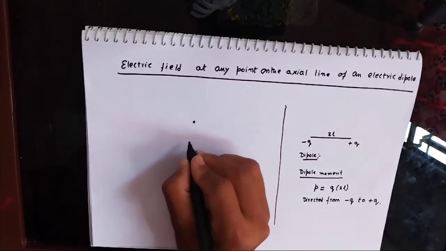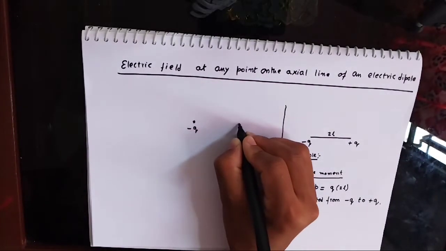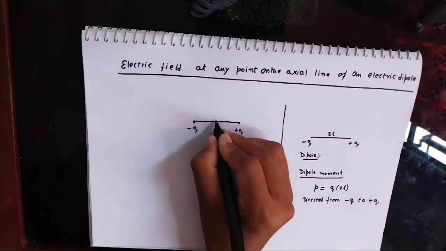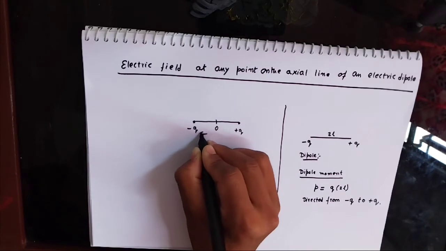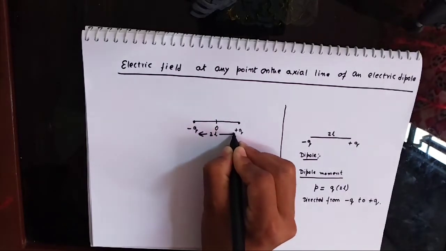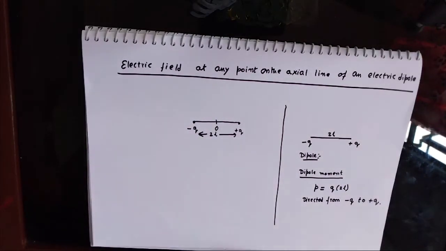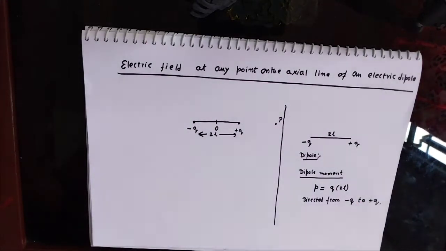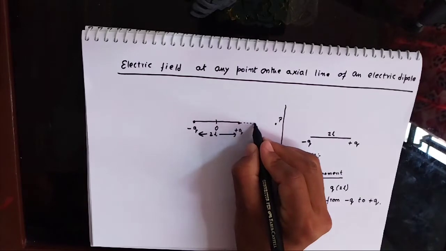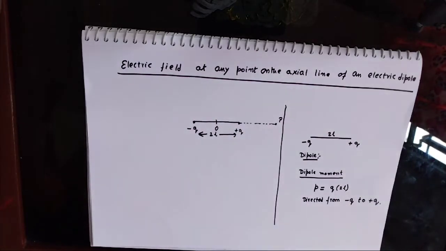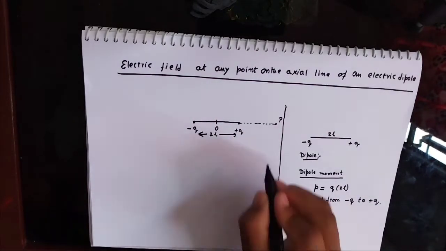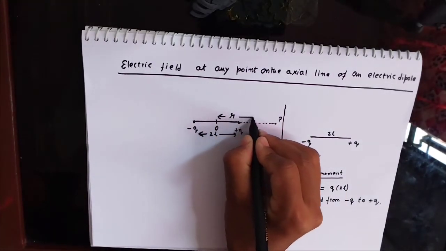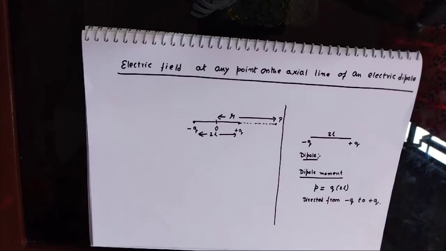So let us consider a dipole of length 2L. Somewhere here is the point P, located on the axial line. Let the distance of the point P from the center of the dipole be r.